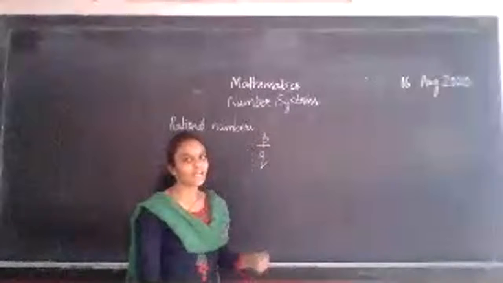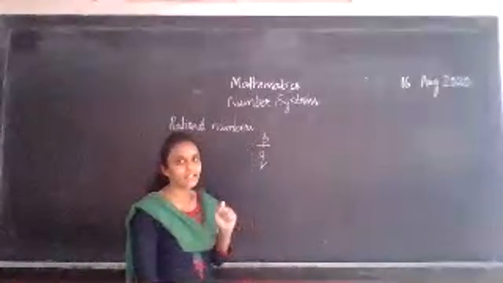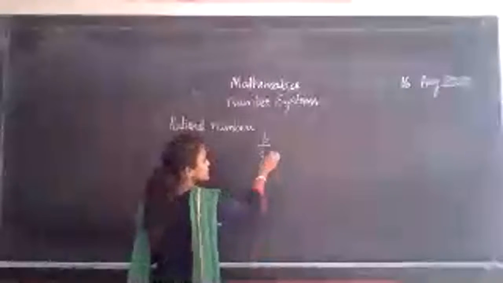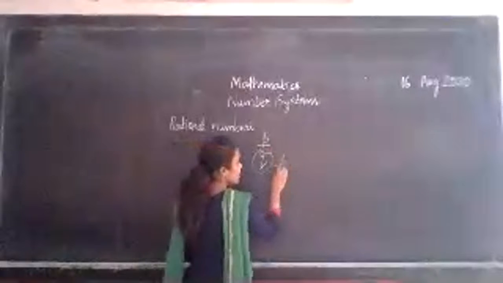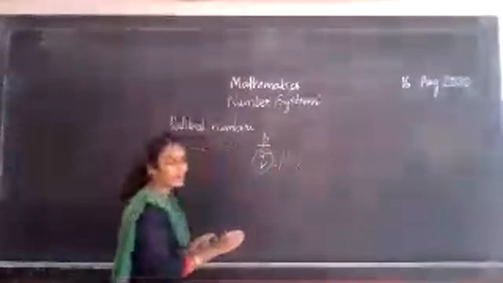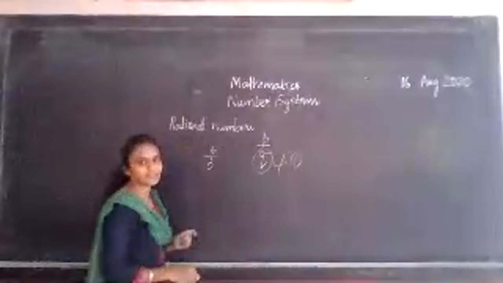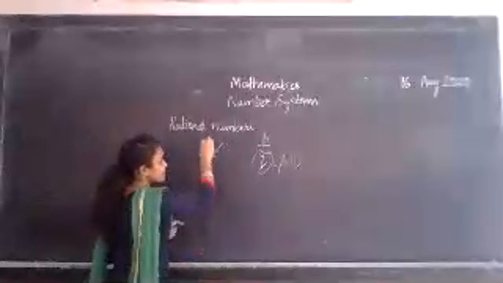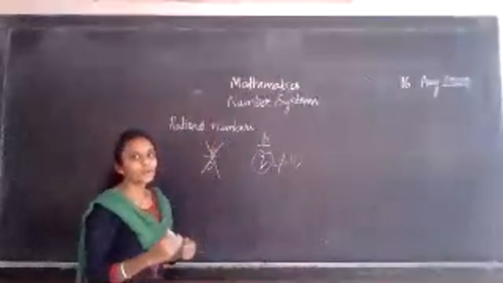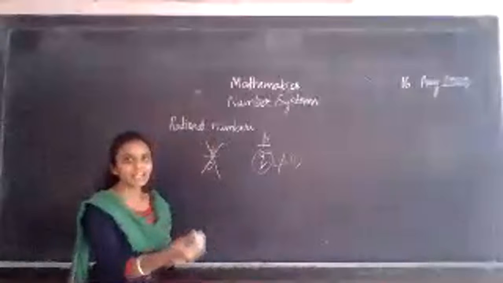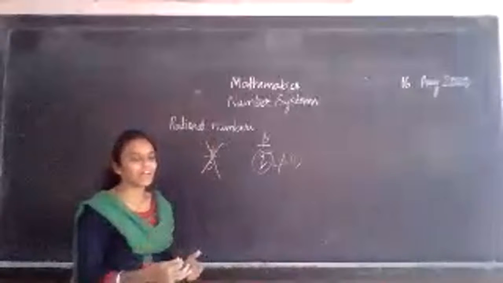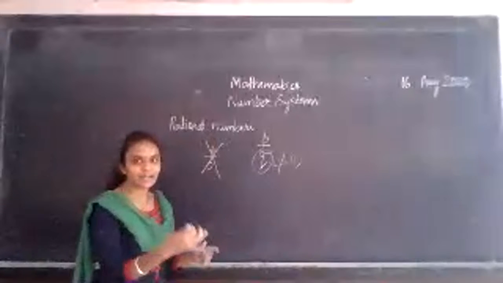But we have to keep one point in mind: this Q will never be equal to 0. If Q is equal to 0, we will get a number in the form of P by 0. This particular fraction is not defined. You cannot divide any number by 0. We don't know the value of any number divided by 0.